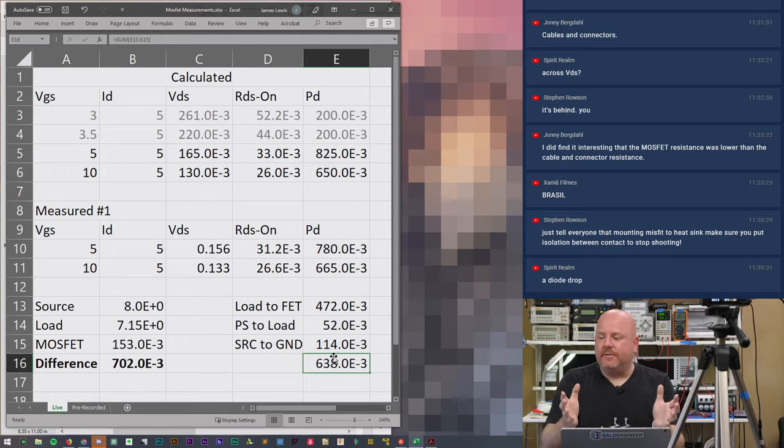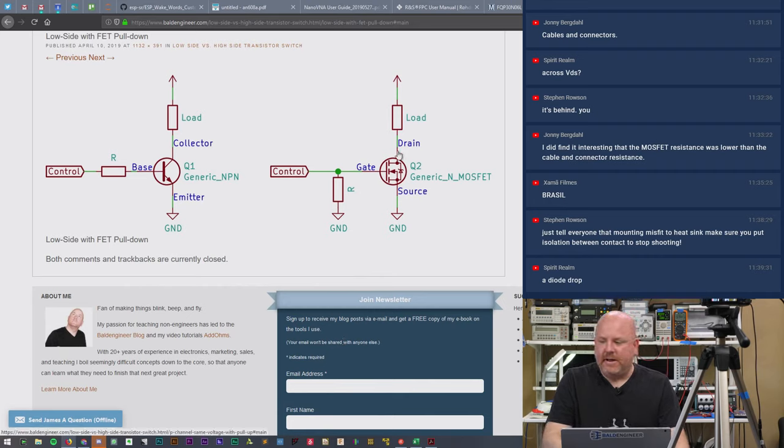So just to review, what we did is we measured a MOSFET with a load attached to it, in this case an electronic load, and then I changed the gate voltage, which changes the gate to source voltage of the MOSFET, which is how you control it. As I changed that, the resistance of the MOSFET changed, which means that its voltage drop changed along with the current going through it.